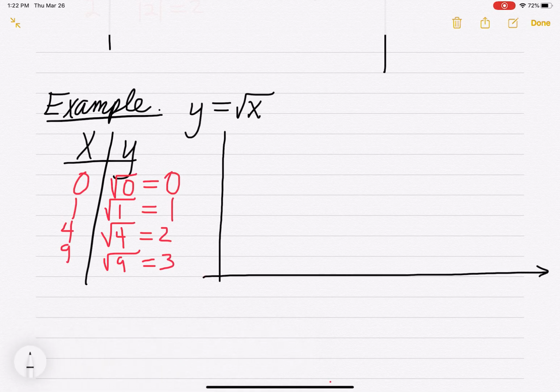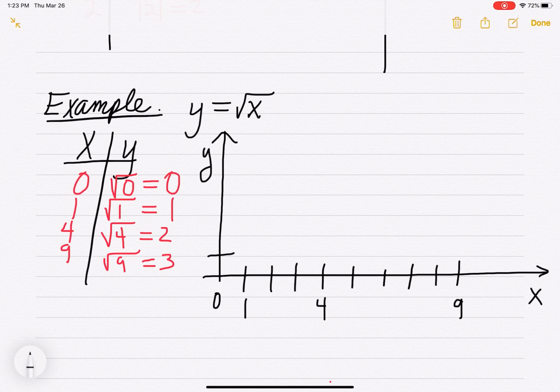Here's my x-axis. So my x's go from 0 to 1, 2, 3, 4, 5, 6, 7, 8, 9. This is 9. This is 4. This is 1. And my y's go 0, 1, 2, 3.